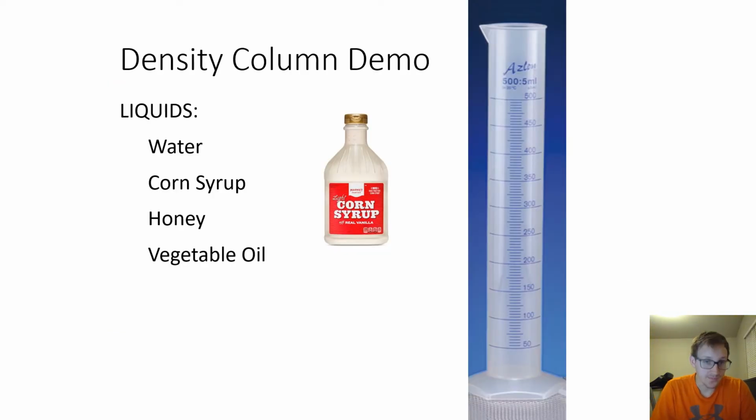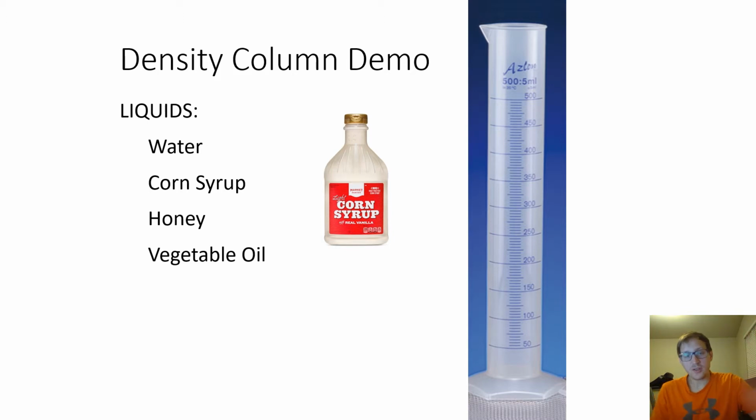Okay, so normally we do a demo of a density column, and I'm just going to explain what's going to happen here. I'm going to actually post a video of a density column being done along with this video, along with a couple of other videos I want you to watch about ocean currents.